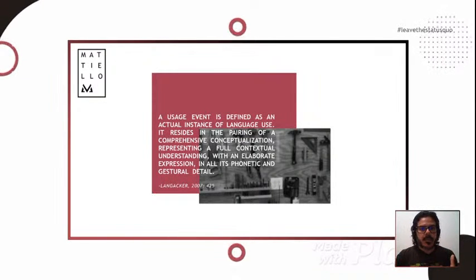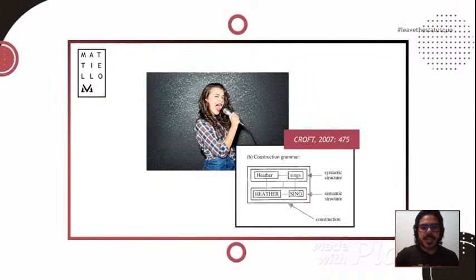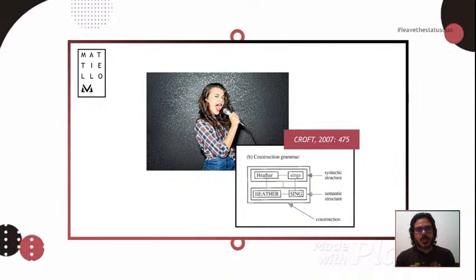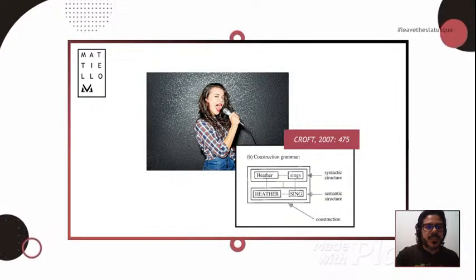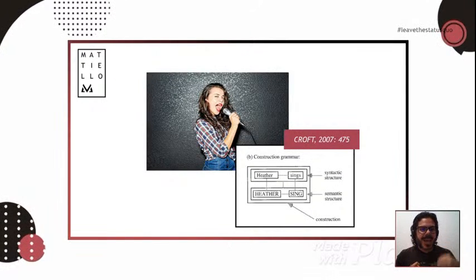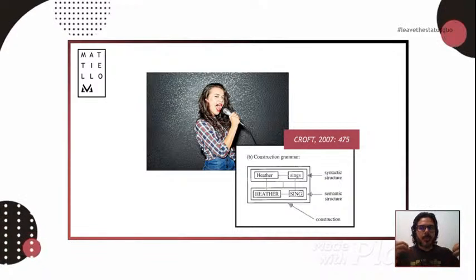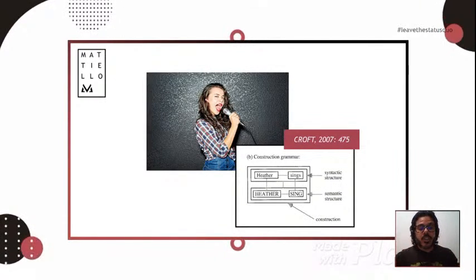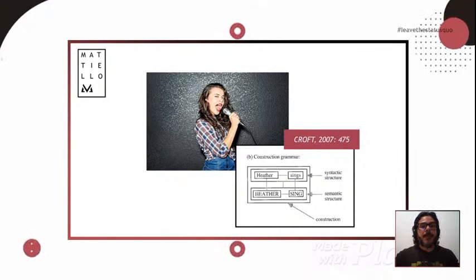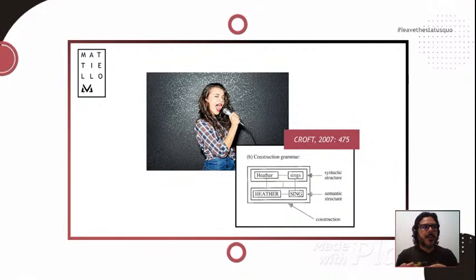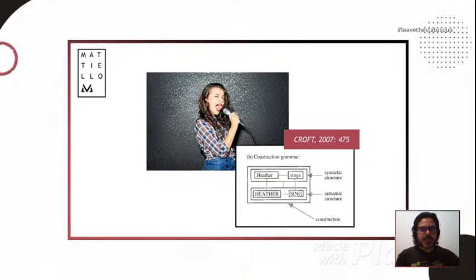Because again, let's go back to the previous slide. What we need is the concept and the language in order to combine these two things. We're only going to create the concept Heather as a female person if someone uses this word referring to a female person.